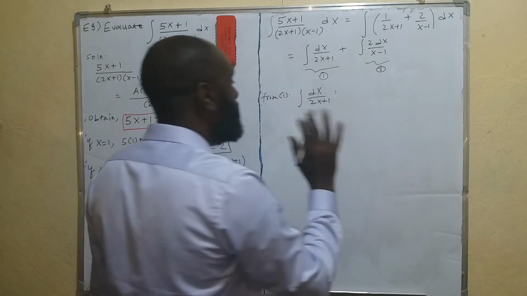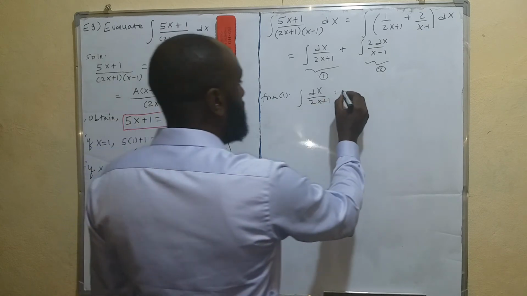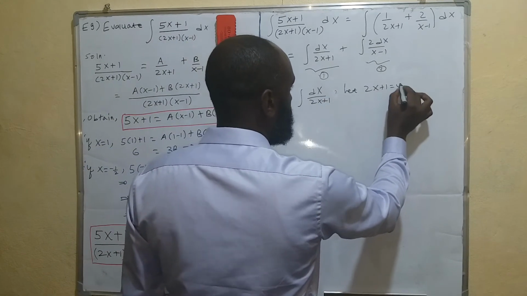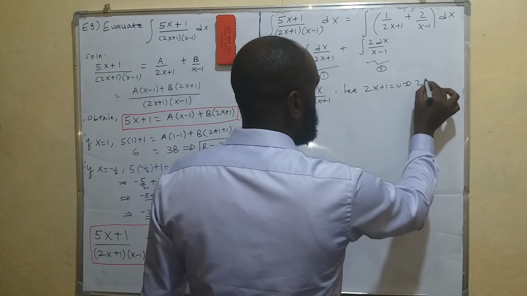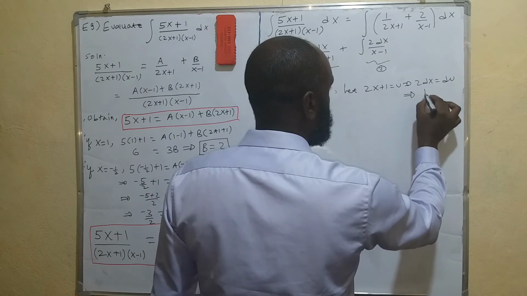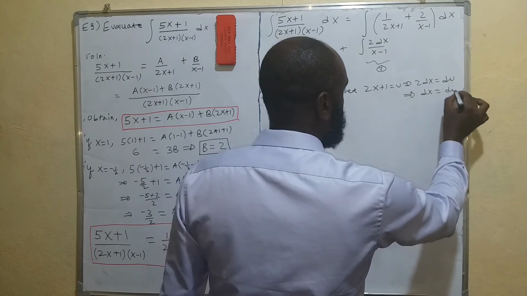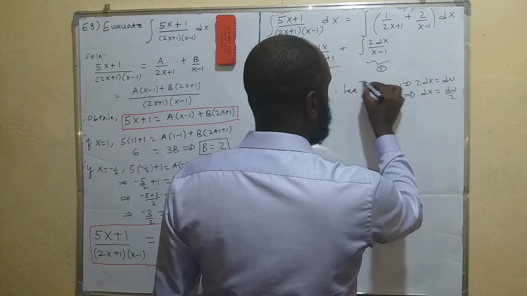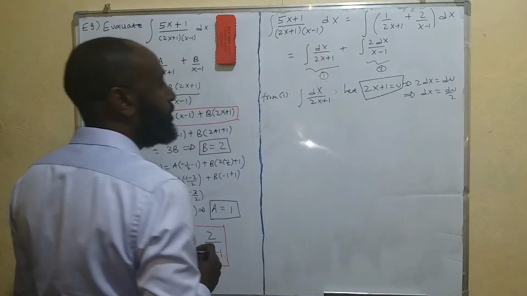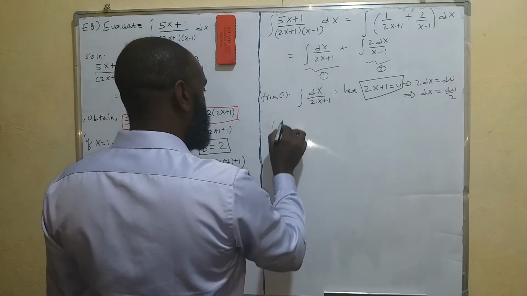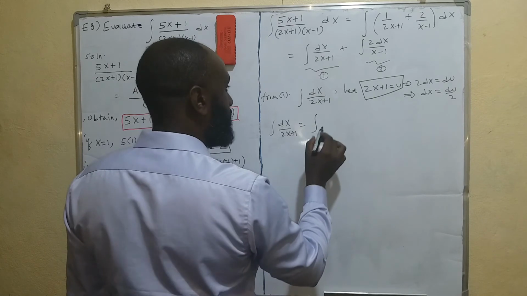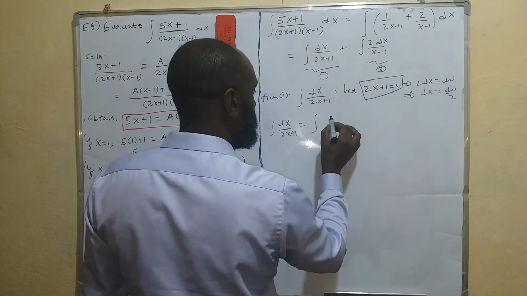Therefore, if you face such a problem, let 2x plus 1 be u. Therefore, 2 dx is equal to du. This implies dx is du over 2. So this integral, dx over 2x plus 1, equals, what's dx? dx is du over 2.